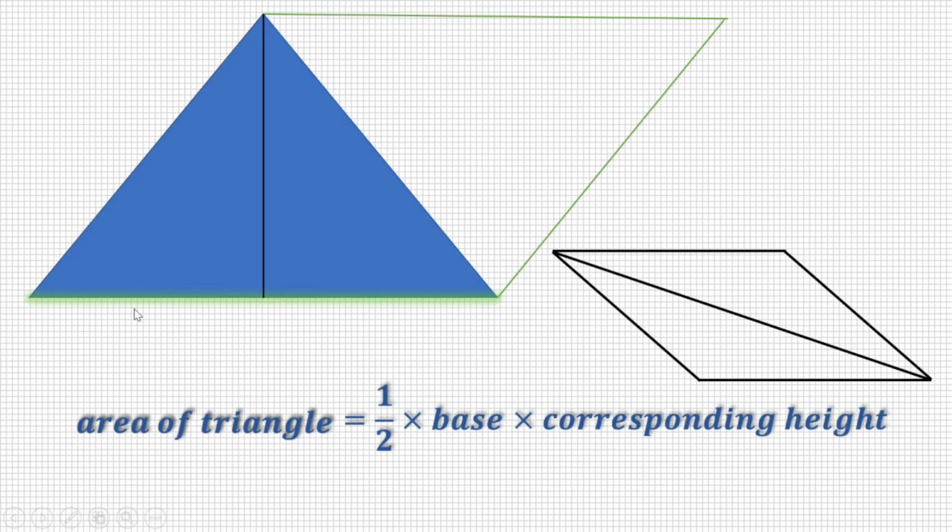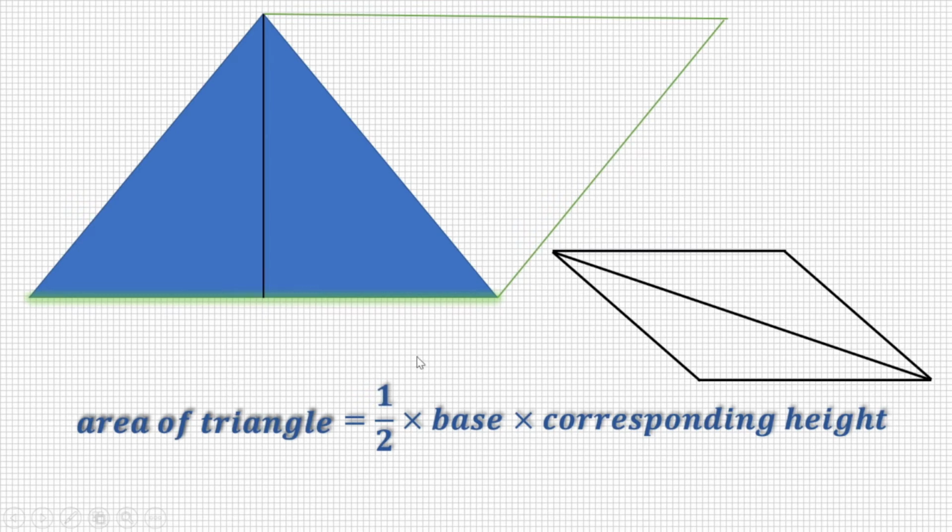Even the triangle starts from this base and ends till here. So the base of a parallelogram is actually the base of a triangle, and the height of the parallelogram is also the height of the triangle. Base into corresponding height was the formula for the area of a parallelogram, and the area of a triangle will be half into base into corresponding height, because the area of a triangle is half of the parallelogram.